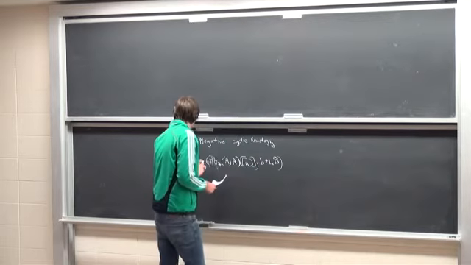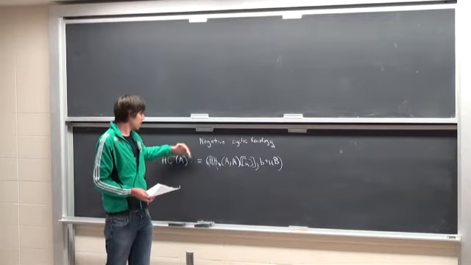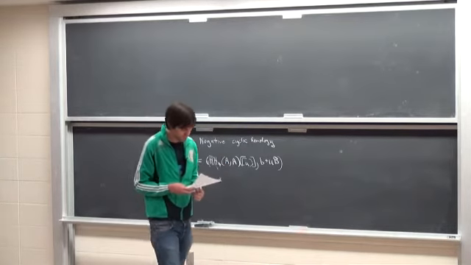So this is a definition. The negative cyclic homology is the homotopy invariance of this circle action.